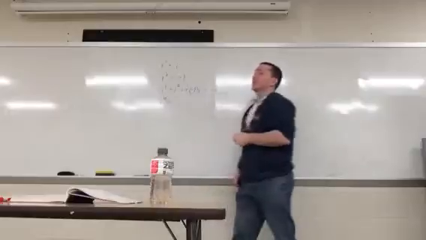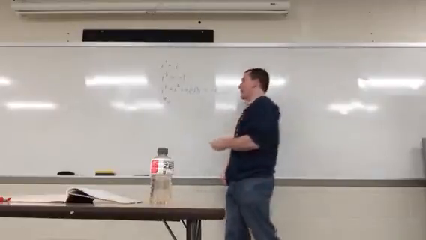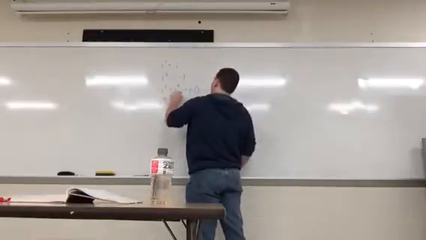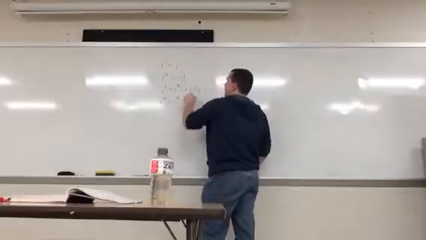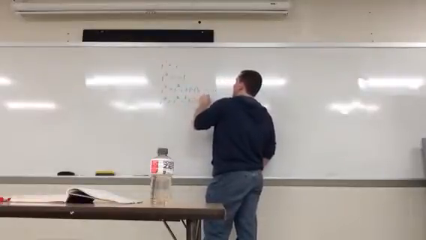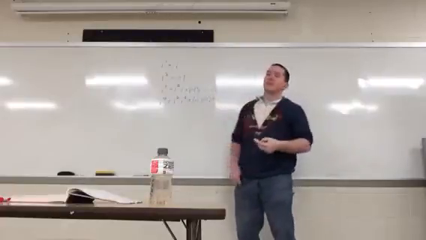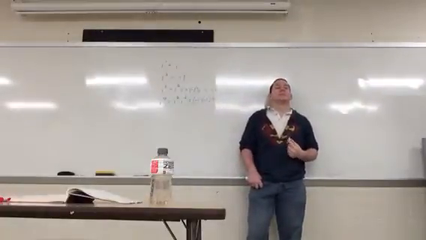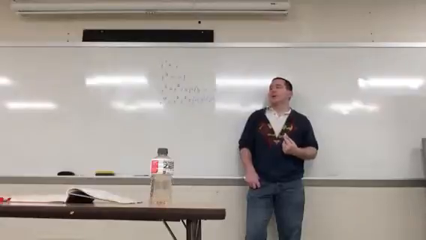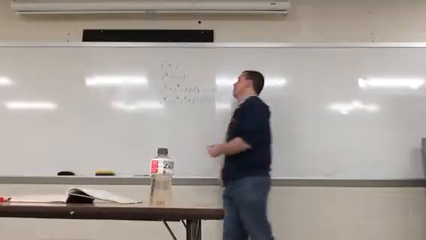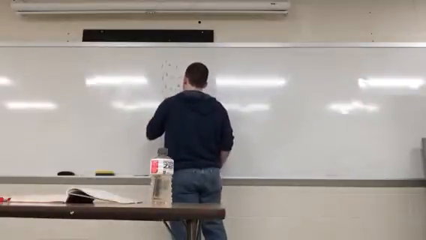What's i to the 4th? +1. By definition, i to the 4th is i squared times i squared, which is -1 times -1, which is 1. Pretty good? Okay, good. What's i to the 73?